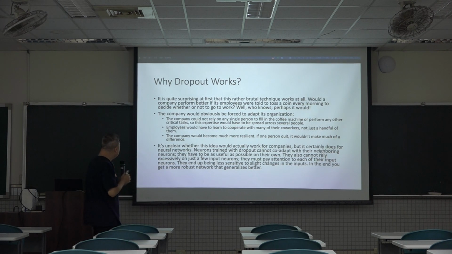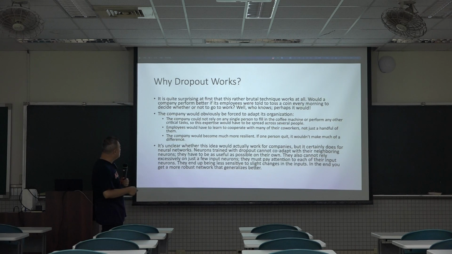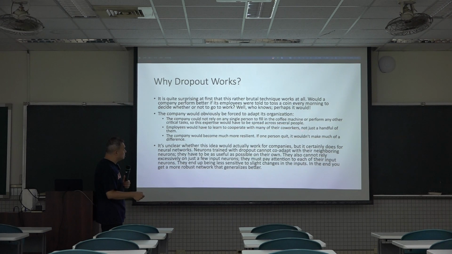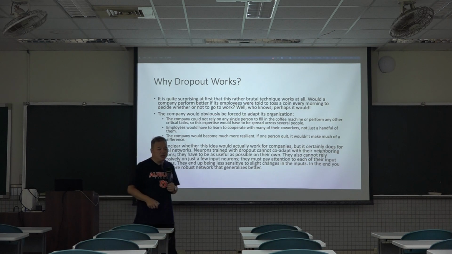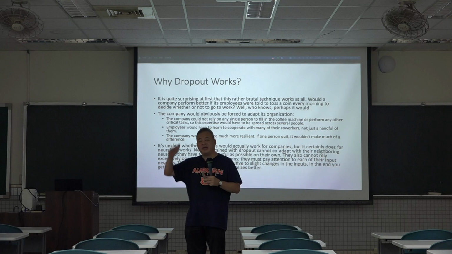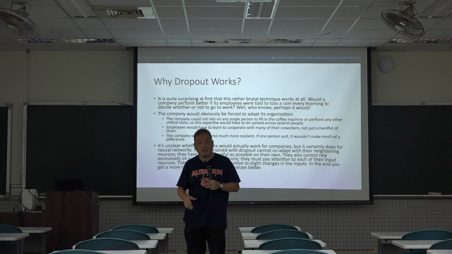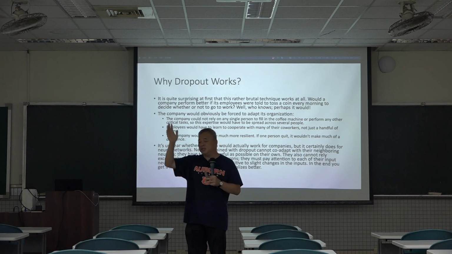The second fact we can probably observe is that employees would have to learn to collaborate with many of their co-workers, not just a handful of them. Because the company normally has a hierarchy, right? For example, you are the supporter for some employees.